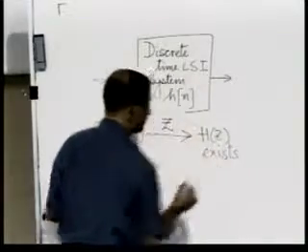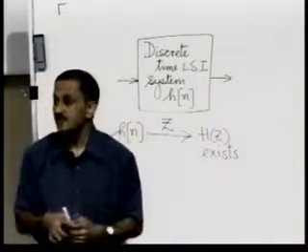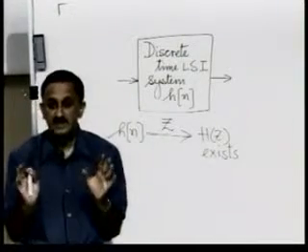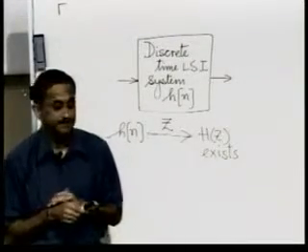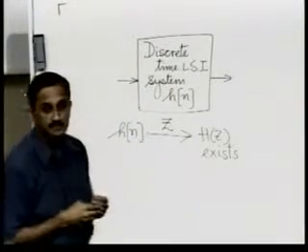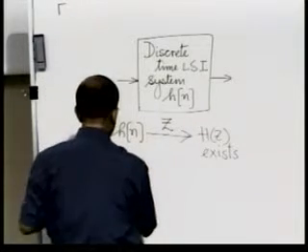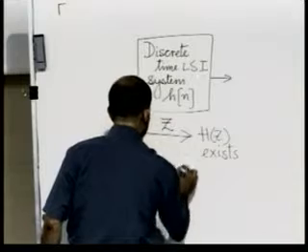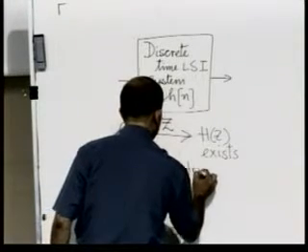It means that this converges in some region of the Z plane. There is a non-null region of the Z plane in which the expression converges, right? Then we can give this quantity a name. We can call H(z) the system function, as we did for the continuous time case. So this is the system function of the system.